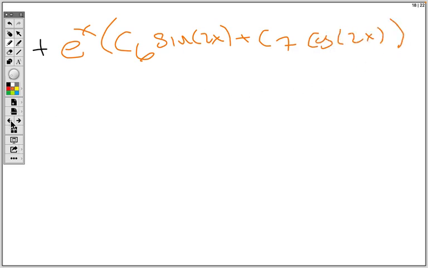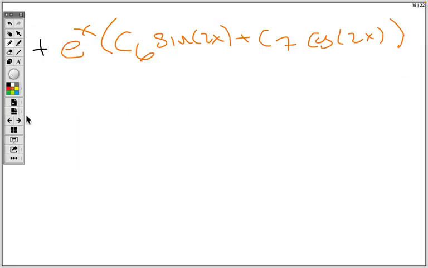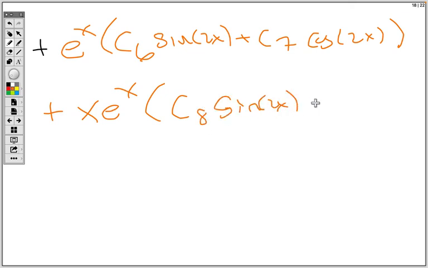But I'm not done, because that quadratic had multiplicity 2, which means I'm going to have to write this again. To alleviate the duplication, I'm going to slap on an x. Now, you can put the x's on the sines and cosines, or you can factor them out. I'll just put the x out front. There's our c8 sine of 2x plus c9 cosine 2x.